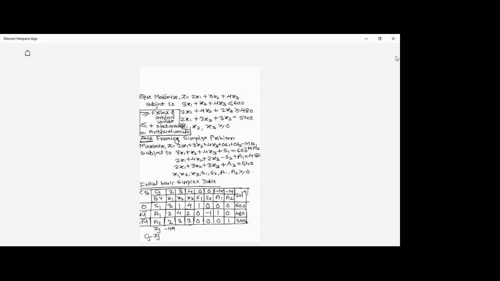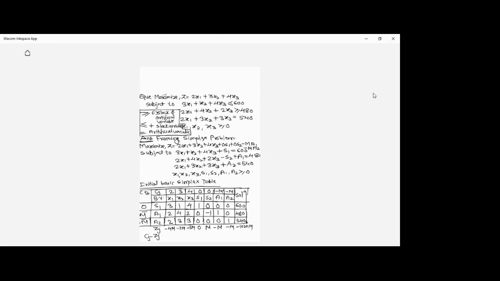Next it is minus 4m plus minus 3m, so it will be minus 7m. Similarly, here it will be minus 5m, here it will be 0, here it will be minus m, here again it will be minus m, and it is 600m plus 480m plus 540m. So all this will have a negative sign, so it will be minus 1620m here, right?